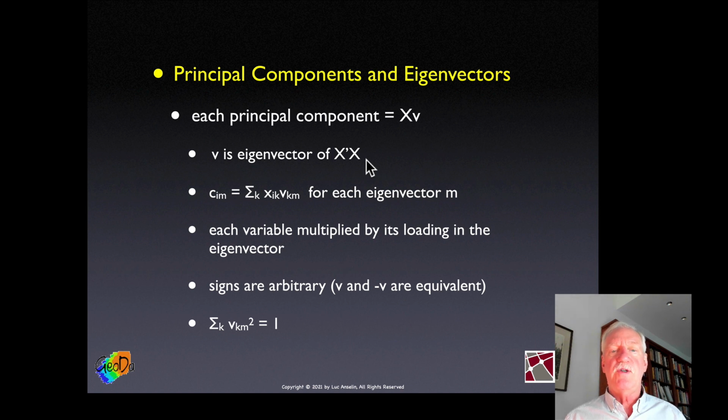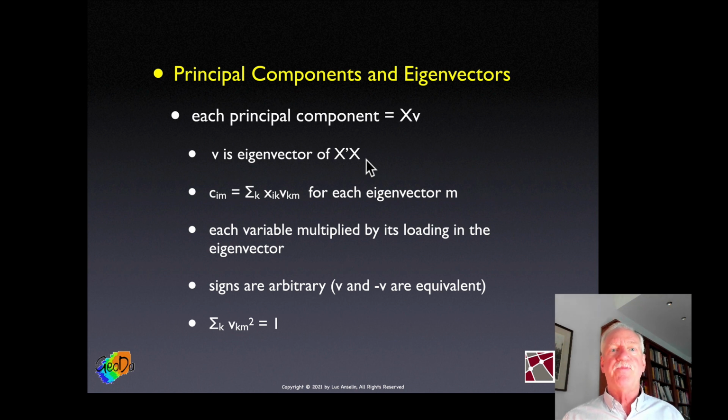So for each eigenvector, there's an eigenvalue. We sort them basically in order of declining eigenvalues, and we pick a few of them with the largest eigenvalues. As it turns out, the eigenvalue corresponds with the explained variance.